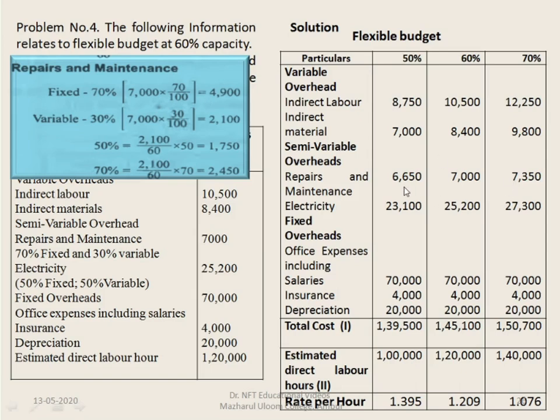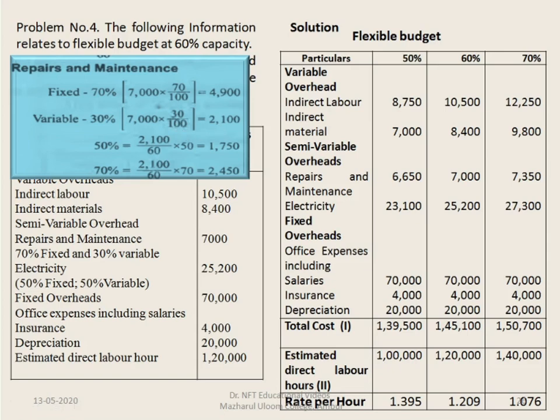Now we'll find out the variable cost, which differs. Of the 7,000, 30% is variable cost. So 7,000 into 30 by 100 gives you 2,100.